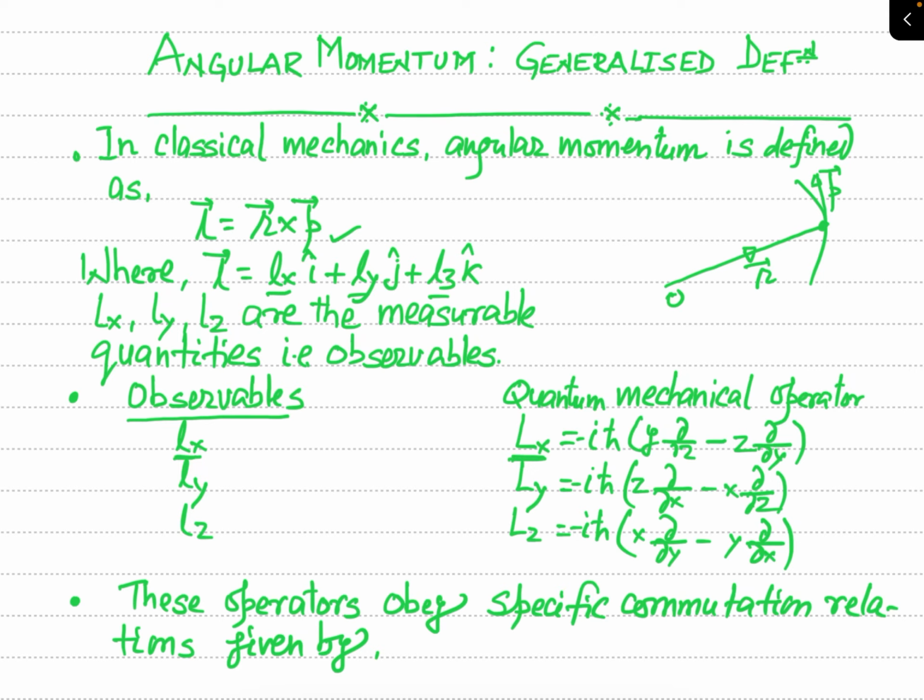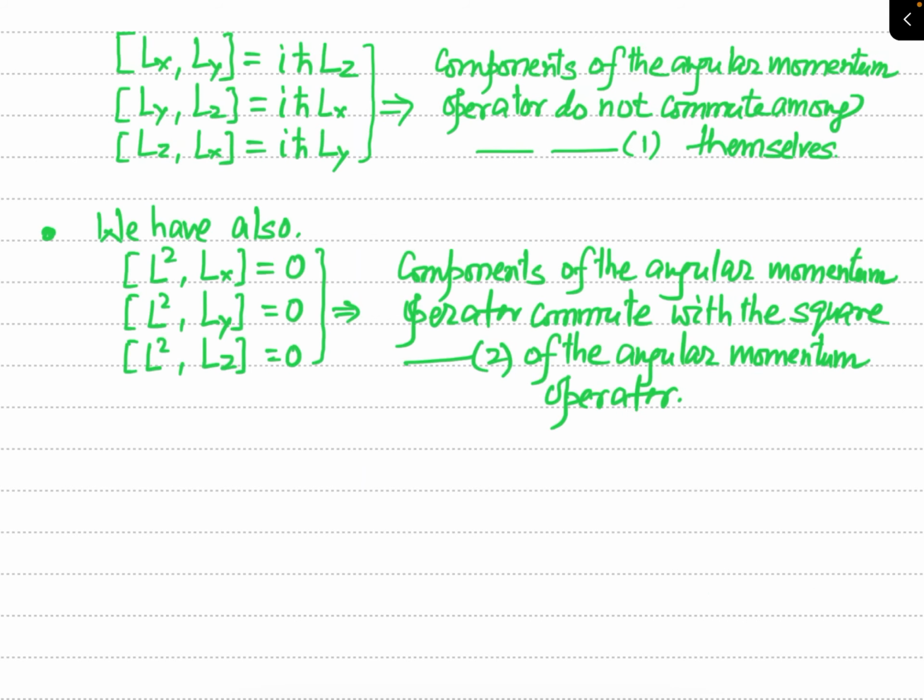So I have just mentioned these commutation relations here, which we have seen earlier: the commutator of Lx and Ly is equal to i h bar Lz. Similarly, the commutator of Ly and Lz is equal to i h bar Lx, and the commutator of Lz and Lx is equal to i h bar Ly. You have seen these things.